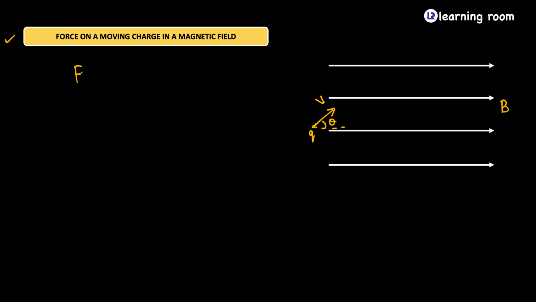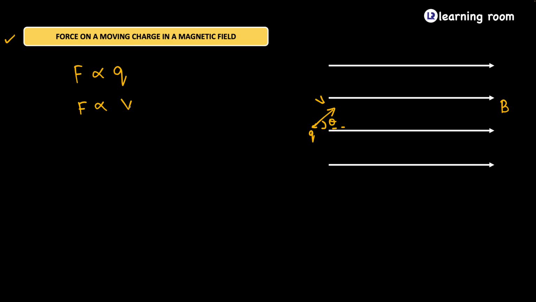As soon as this charged particle enters the magnetic field, it starts experiencing a force, which is observed to be directly proportional to the magnitude of the charge that is pushed into it. Secondly, it is directly proportional to the velocity with which it was projected.